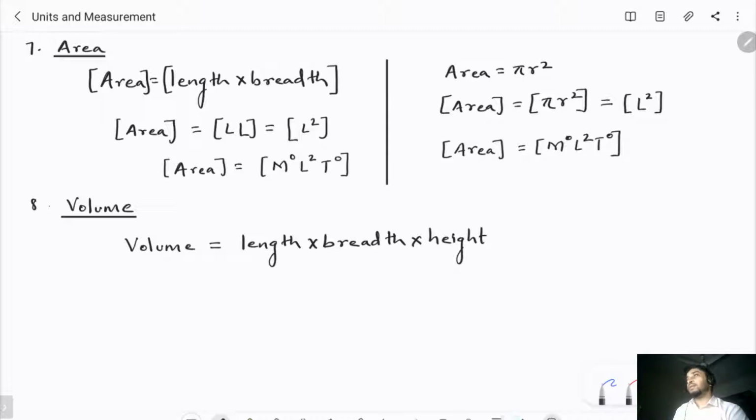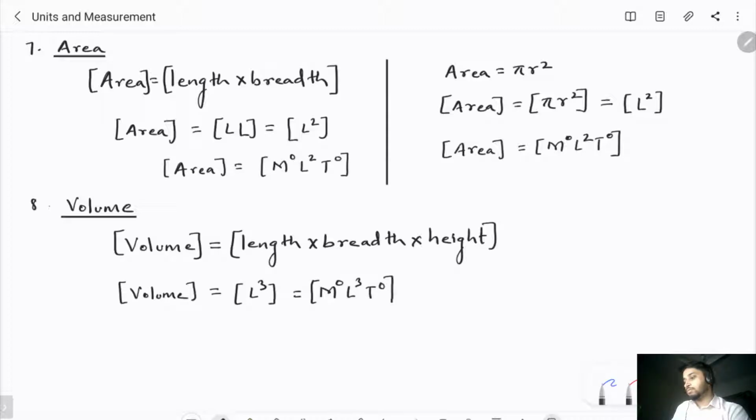So for finding the dimensional formula, we'll take the dimensions on both sides. So the dimensional formula for volume will be, for length, breadth and height, all three are L only. So I'll get L cube. So I'll get M0 L cube and T0. This becomes the dimensional formula for volume.